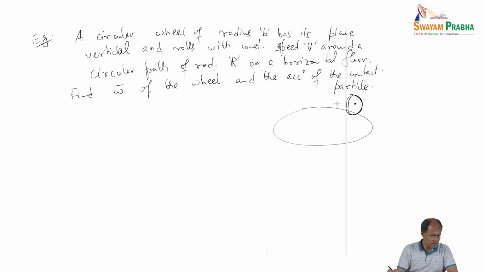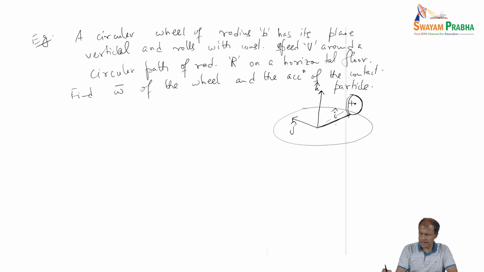So let us try, and we have to set up our frame of reference here. Let us say we have a frame of reference which is moving with the wheel, where i and j are the x and the y components of the frame of reference, which is along the plane of the floor, and the k axis is fixed of the moving frame.